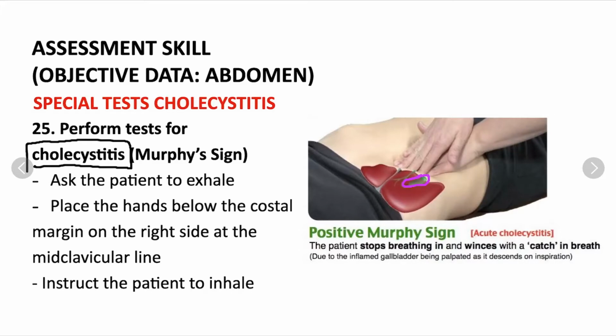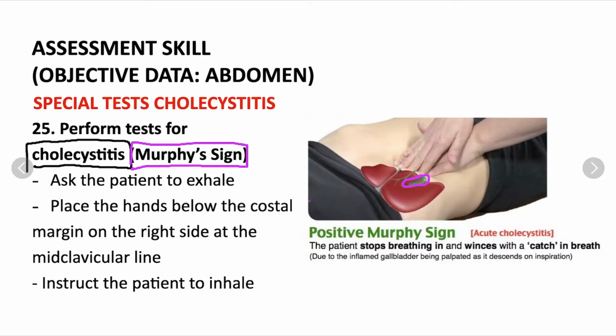How would we do the Murphy's sign for cholecystitis? Ask the patient to exhale, and then with your hands as seen in the diagram, you place them below the costal margin on the right side, at least in the mid-clavicular line.